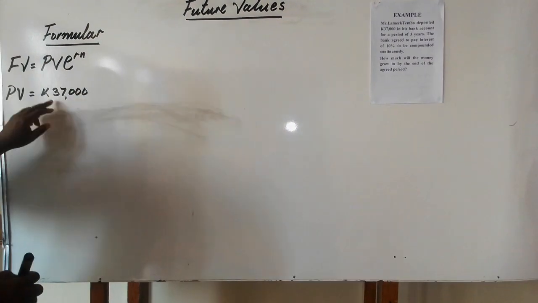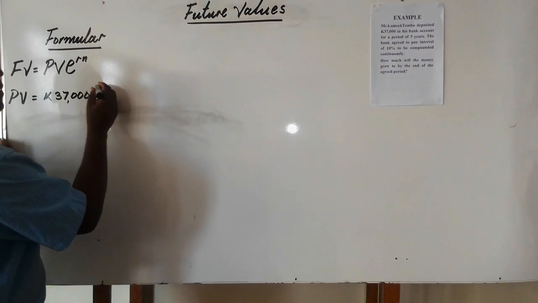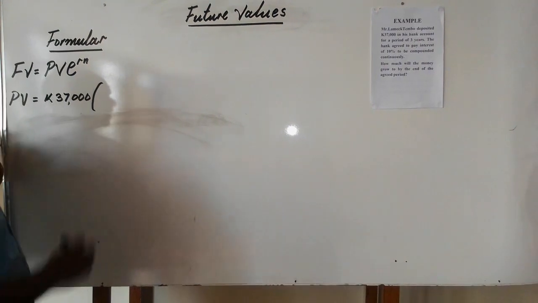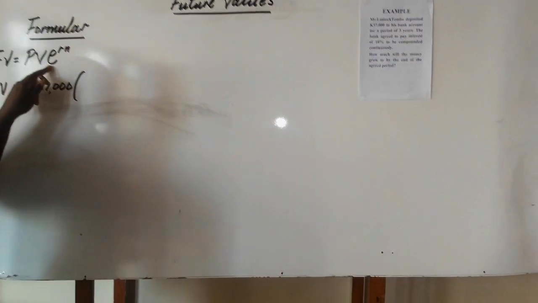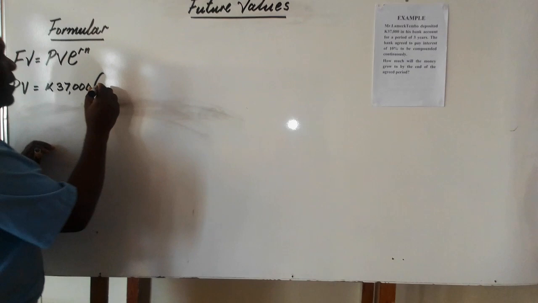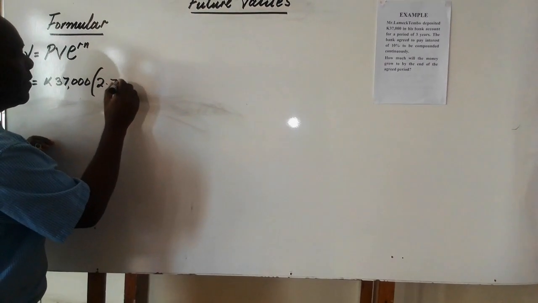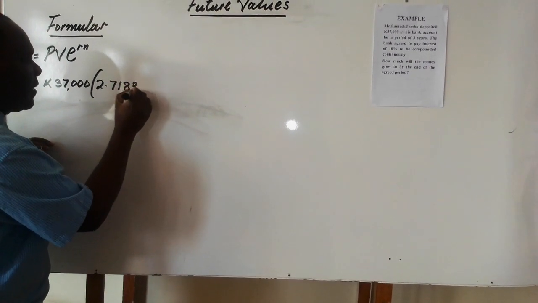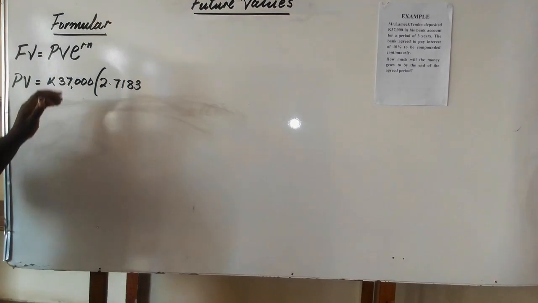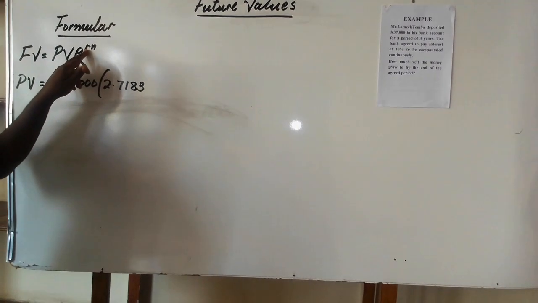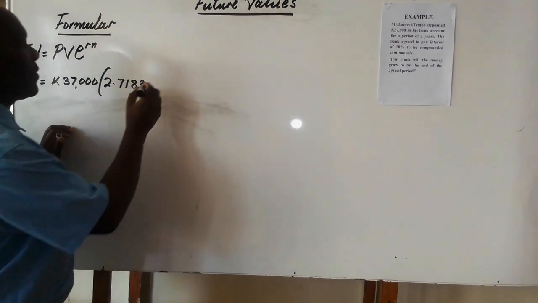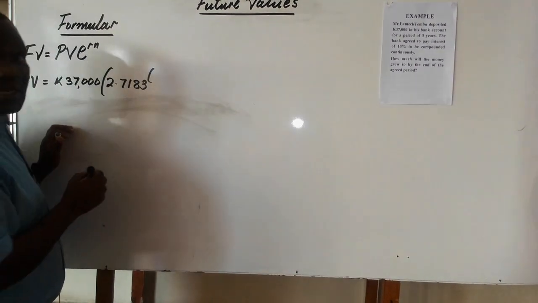So the present value is 37,000. Then you open your bracket like this. The exponential function I've already mentioned will be 2.7183.